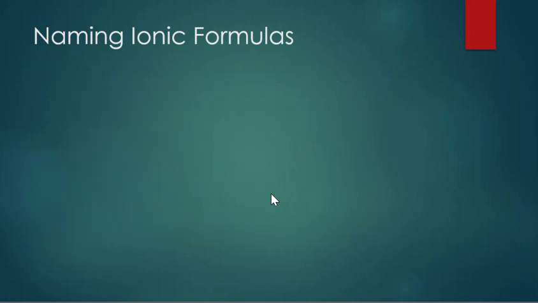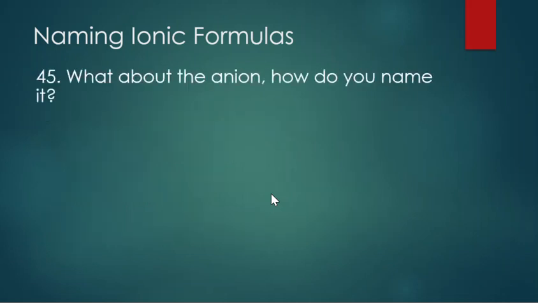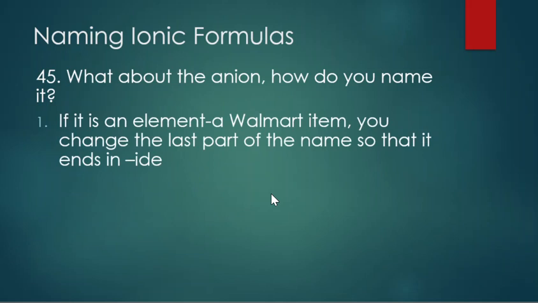All right, let's talk about the anions, the negative ions, what I like to call the girls. You have 2 kinds of girls. Number 1, a girl that you find at Walmart. These are the non-metals. Chlorine, oxygen, nitrogen, anything on the right side of the zigzag line.